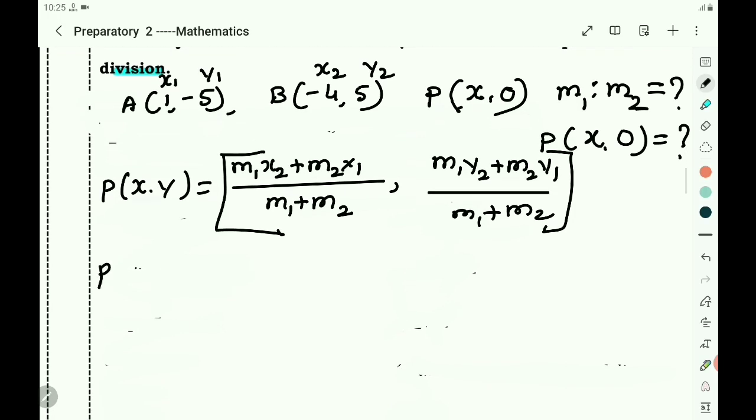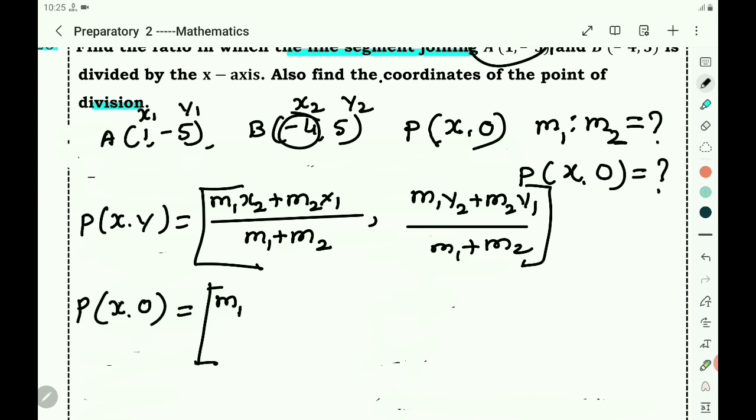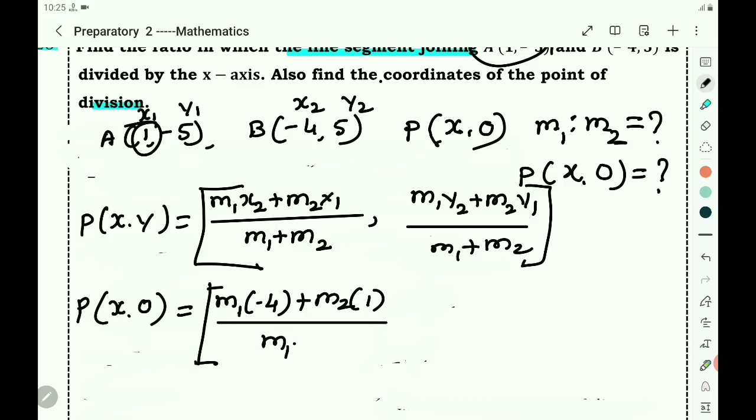Then P of x, 0, let us take x is x, y is 0, equals, m1 is to be found out, right? m1 x2 is m1 into minus 4 plus m2 into x1, m2 into 1, by m1 plus m2.